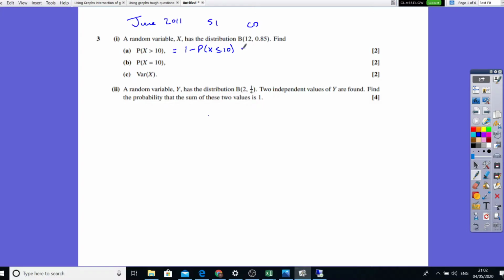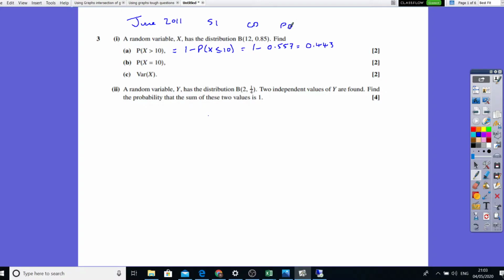Once you get the answer, for less than or equal to 10, it will be 0.557 to three significant figures. Subtract that from 1 and you'll get 0.443.